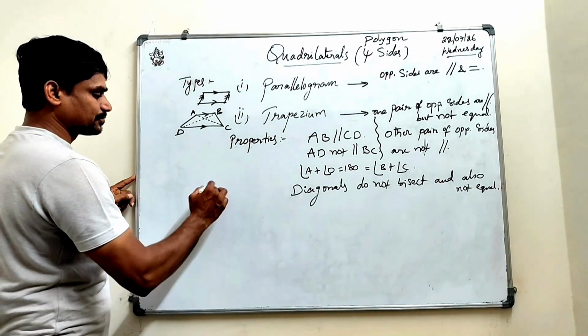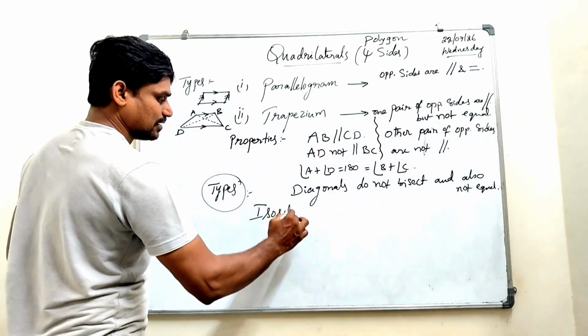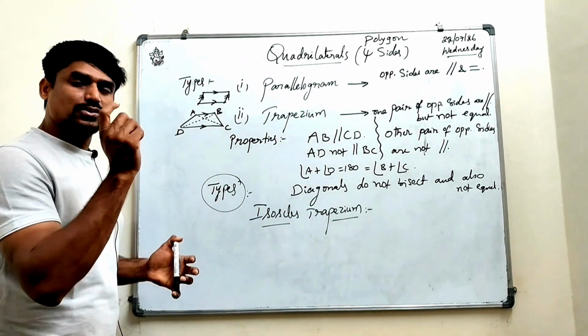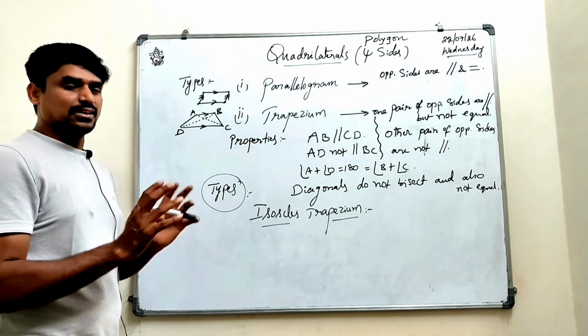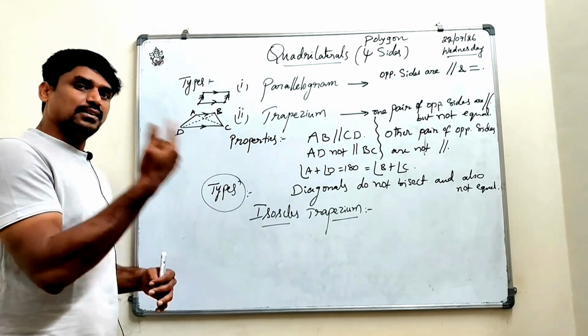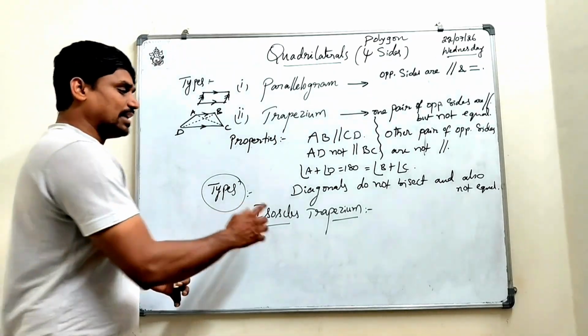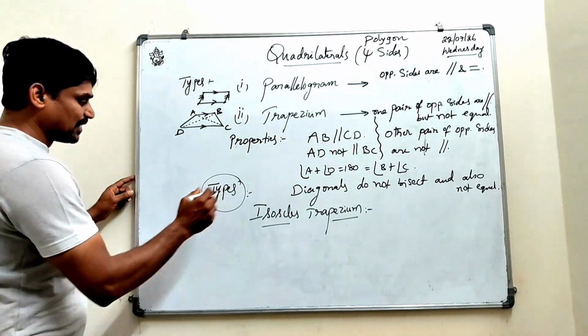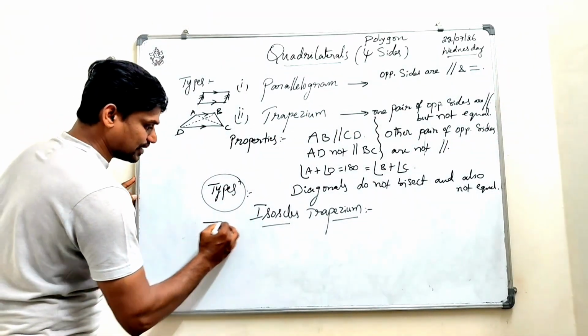It has types. So we have isosceles trapezium. Isosceles talks about two equal sides. In a triangle, if two sides are equal, that is considered an isosceles triangle. Now for isosceles trapezium also, we only talk about two sides again. So the isosceles trapezium figure is this.